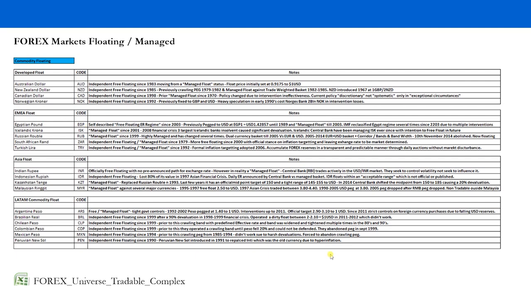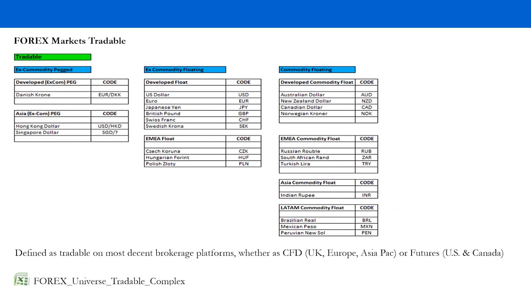So we then even move on to the next level, which is to say, okay, we've defined our opportunity set in terms of volatility and opportunities, but now we need to break down even further what we can and can't trade. And what's tradable is what you see here in front of you, defined as ex-commodity pegged, ex-commodity floating, and commodity floating.